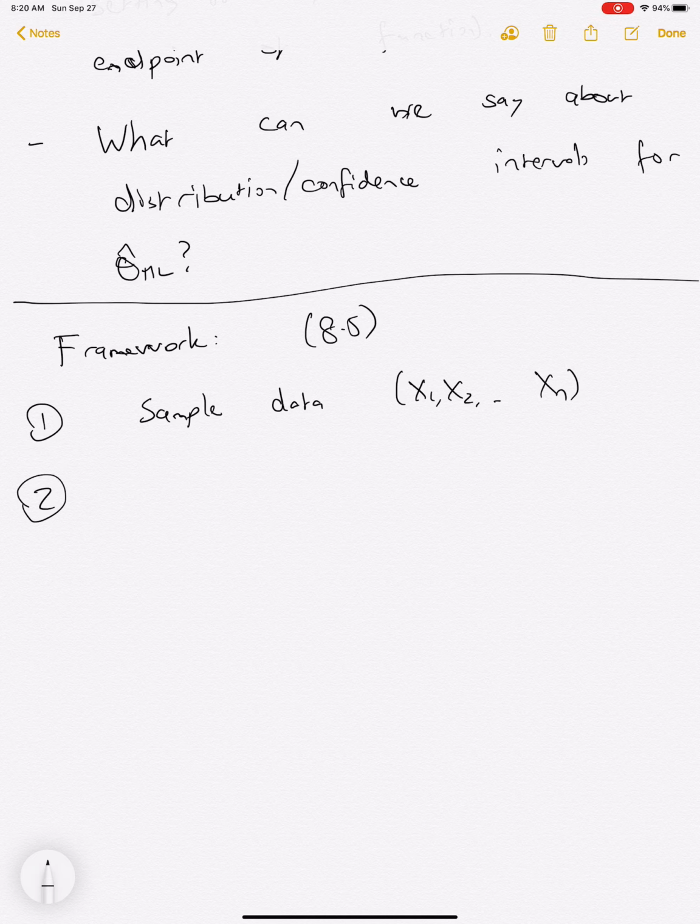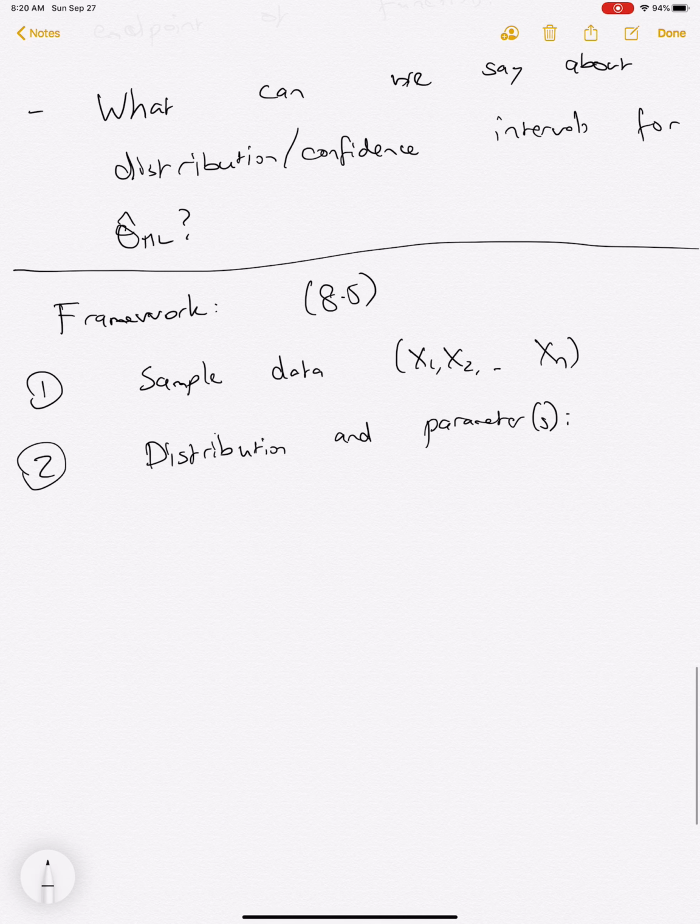Then we have the distribution and parameters. Like everything we see in chapter 8, we try to be as general as we can. So xi has some distribution, f of x theta, and we assume that they're independent. And theta is the parameter of interest.